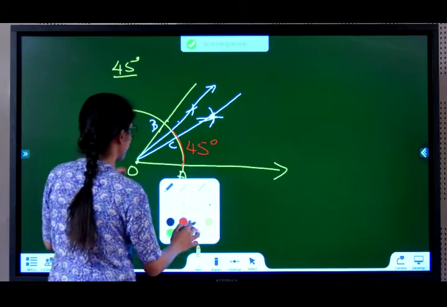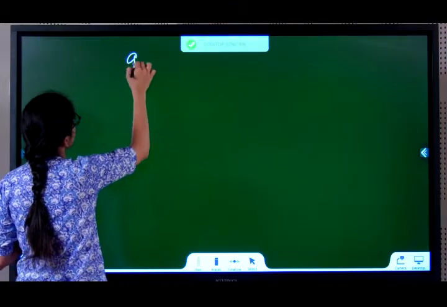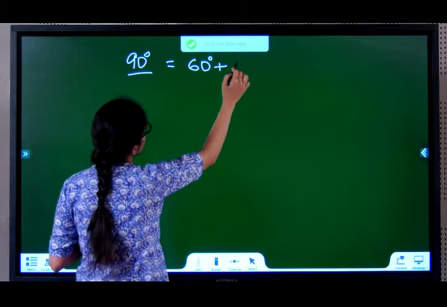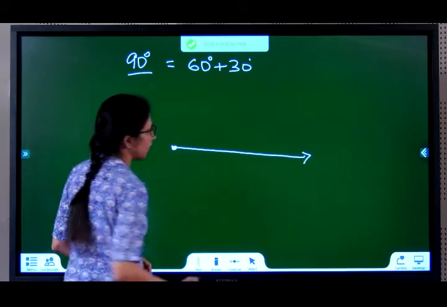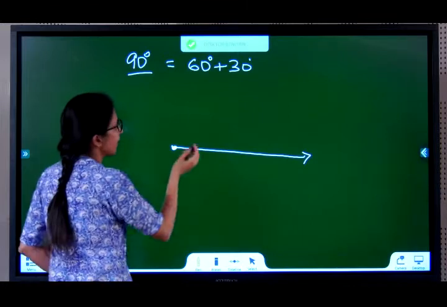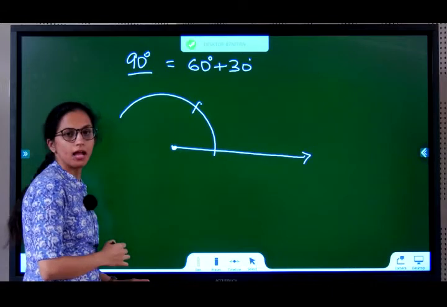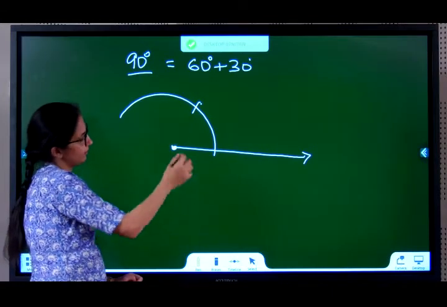The next angle we will be learning is 90 degree. How do we do 90 degree? 90 degree is done by 60 plus 30. So, if I have my line segment here, I first construct a 60, okay. After a 60, I need plus 30.